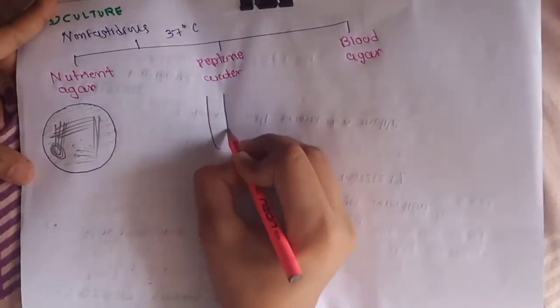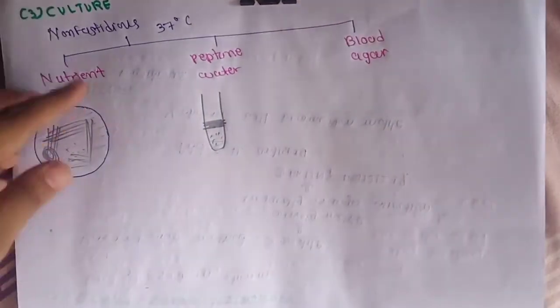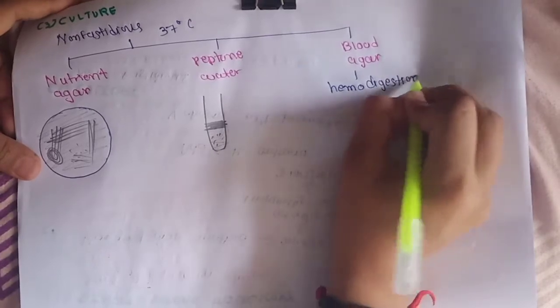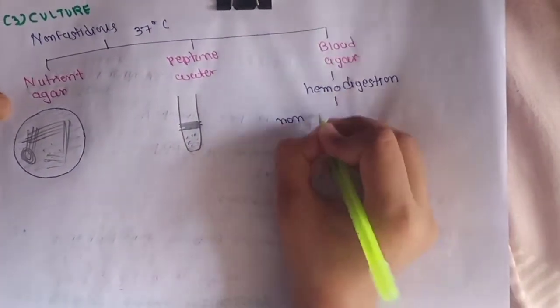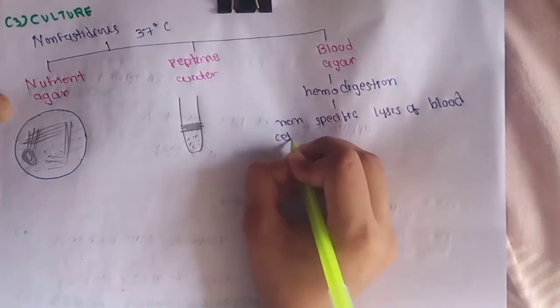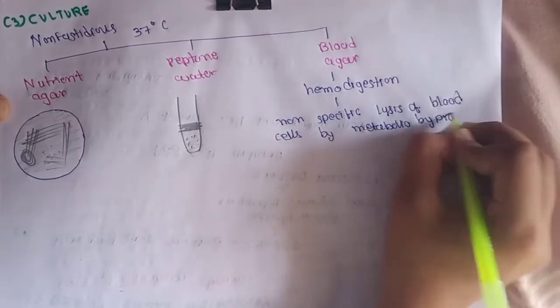In peptone water broth, with uniform turbidity, it gives surface pellicles. In blood agar, it shows hemodigestion. What is hemodigestion? Hemodigestion is non-specific lysis of the blood cells by metabolic byproducts of the bacteria, and it will look like greenish clearance.